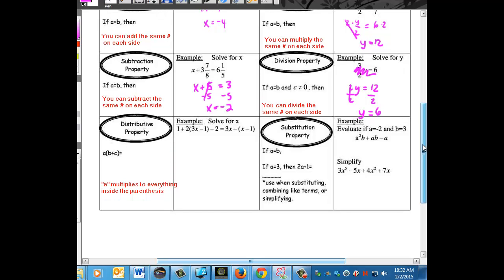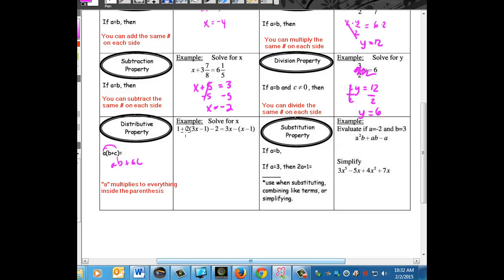Okay, next term we have is the distributive property. And that means that a multiplies everything inside the parentheses. So a is on the outside, a is going to multiply all the way through. a times b is ab, and then a times c is ac.